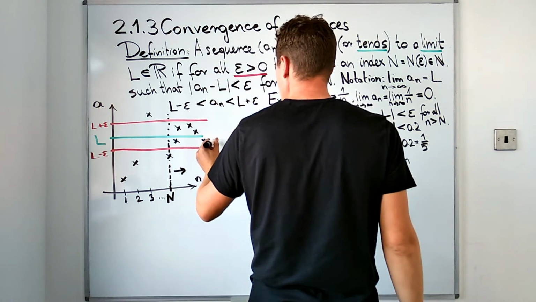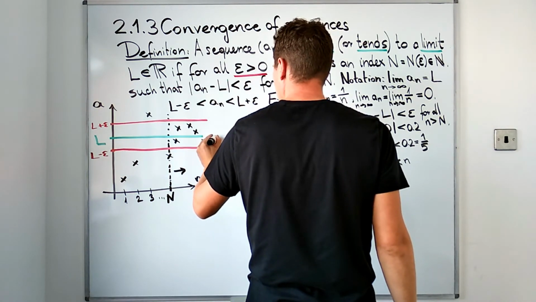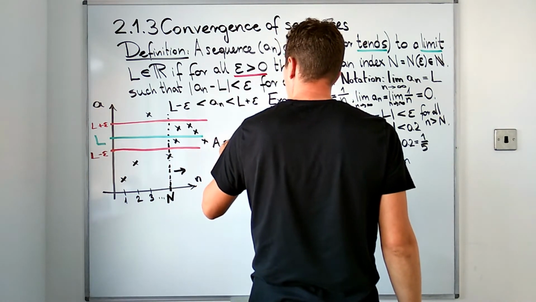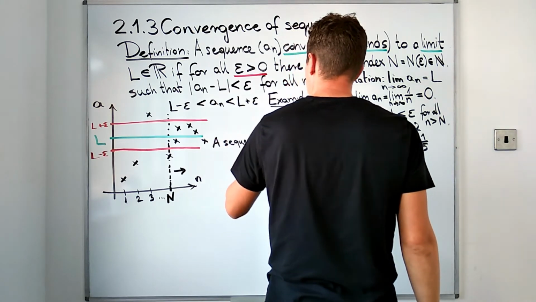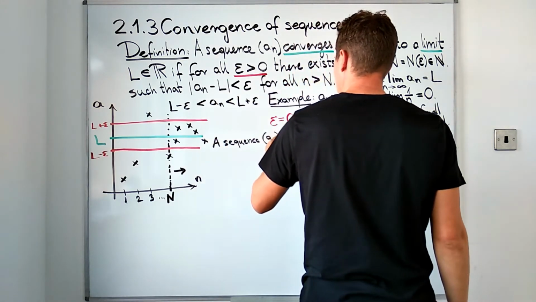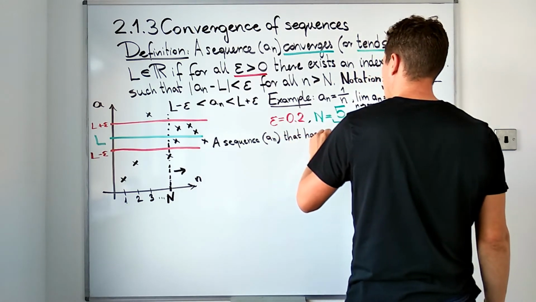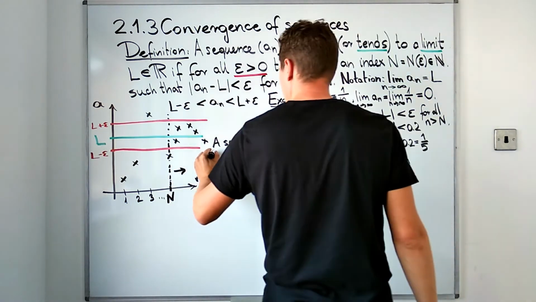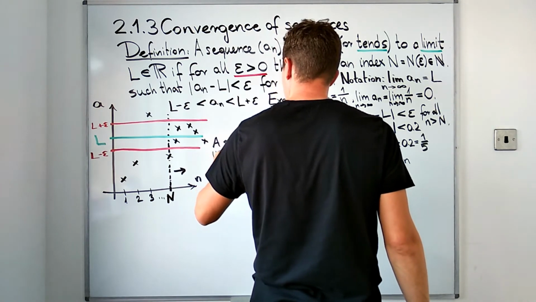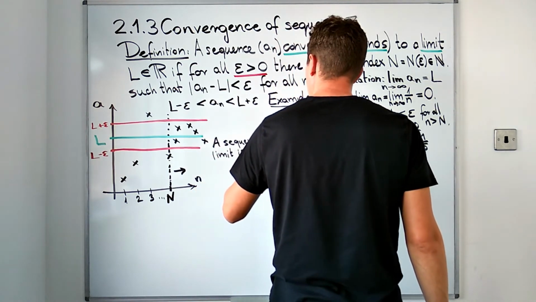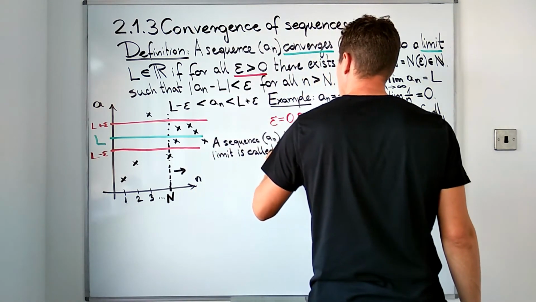So to continue with the definitions, a sequence a_n that has no limit is called divergent.